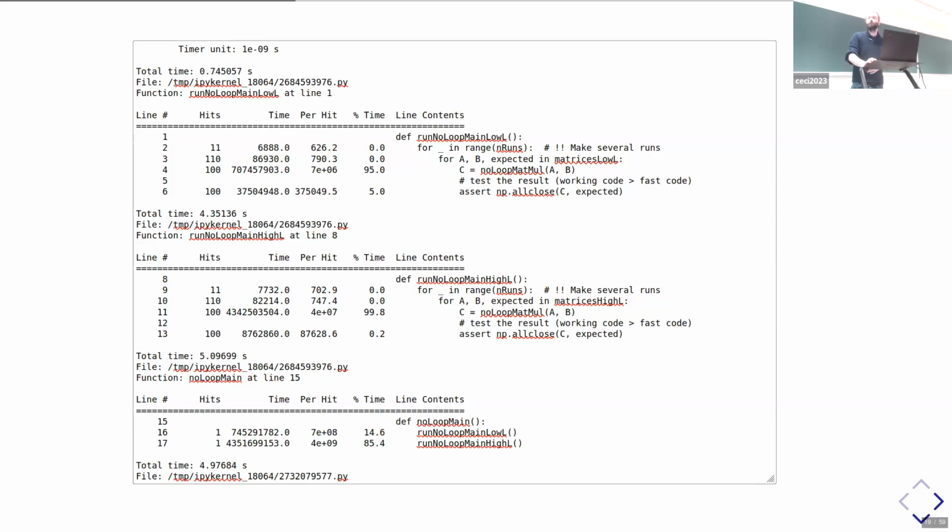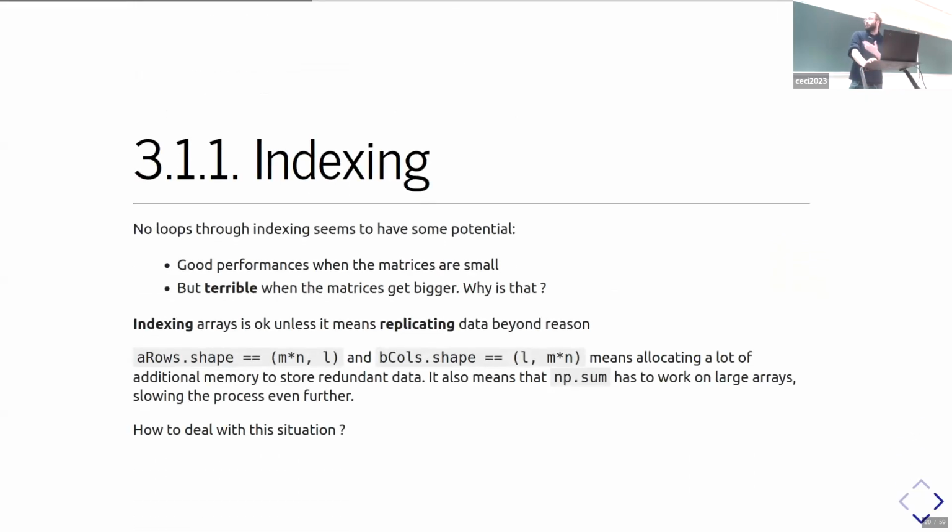It should be faster. So indexing has some potential, definitely, because in the case where the value of L is pretty small, it's actually a lot faster. That's cool. But it gets terrible with matrices getting bigger. So indexing is okay unless I replicate the data.